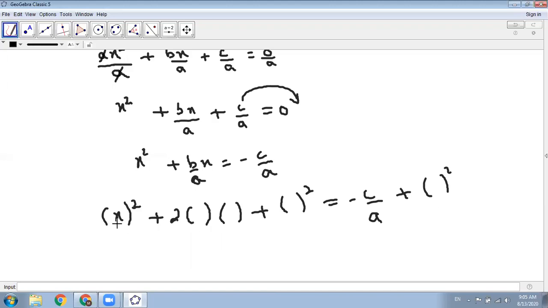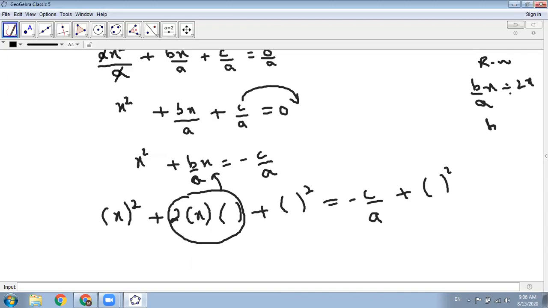So first term is x. Now what will come in this bracket? We know that 2x times this term is representing this term. So to know what needs to come in this bracket, we use the rough work, in which we divide b upon a x by 2x.